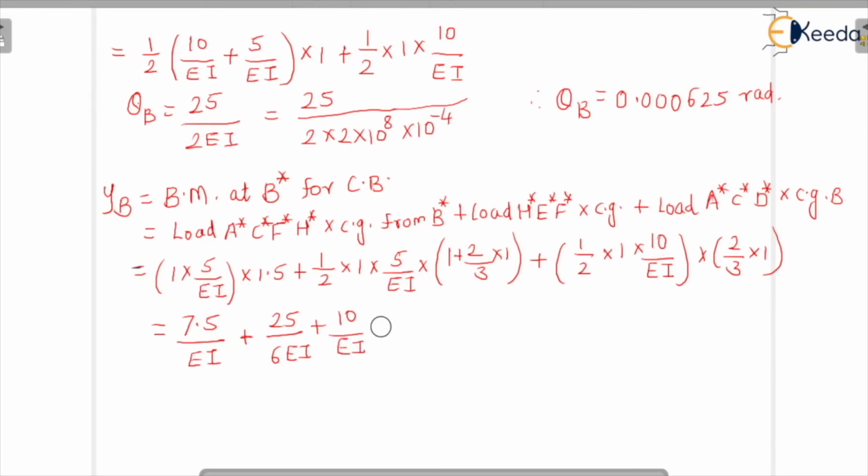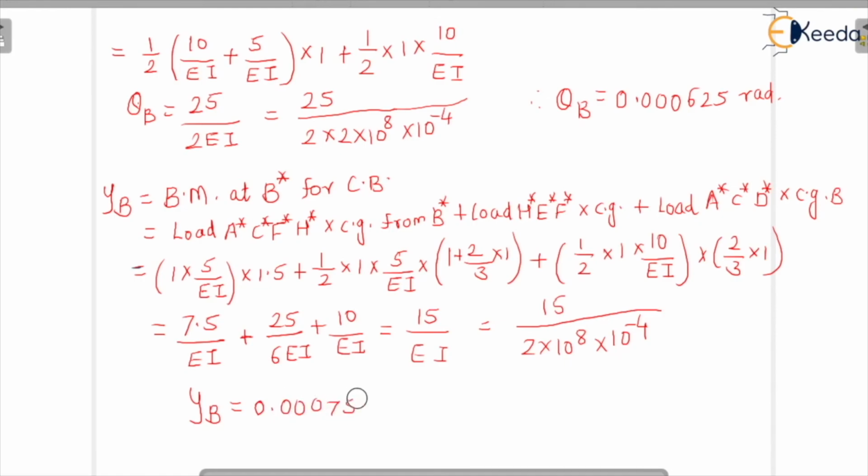So we get, after solution, 15 by EI. Now substitute the value of EI, that is 2 into 10 power 8 into 10 power minus 4. We get YB equal to 0.00075 meter, and converted to millimeter, that is 0.75 millimeter.